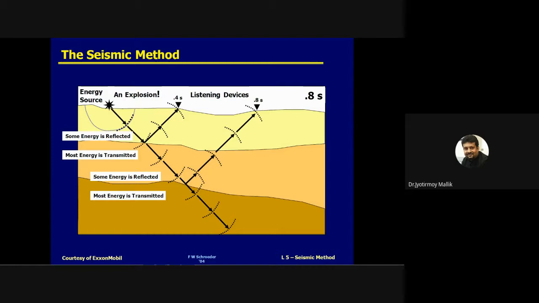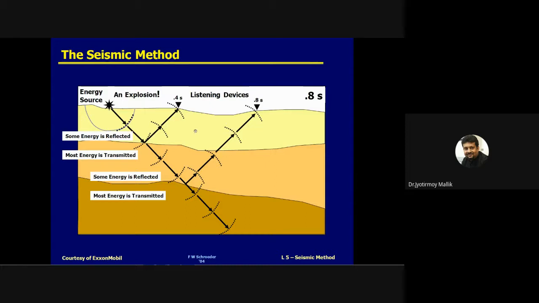Suppose similarly at detector 2, it is recording the reflection from the second interface, and that is received after 0.8 second. Of course, this is also two-way time, and you can see for the second case the ray path is longer, right? Hence, the time will be different.